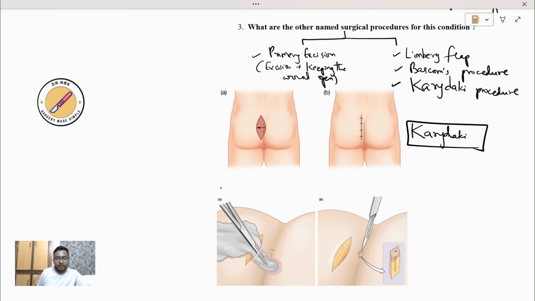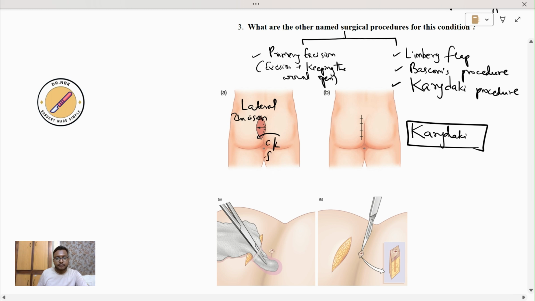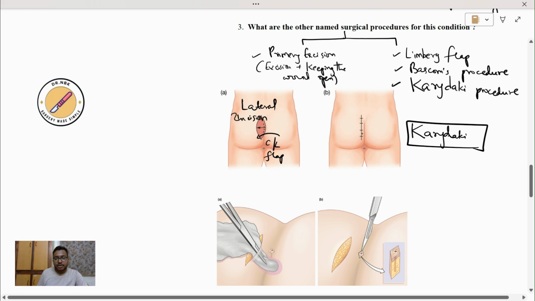We make a lateral incision here, remove the entire disease, and move a contralateral flap. As you can see, this is a contralateral flap, and you close it just lateral to the midline. Closure is paramedian. Right, this is about Karydakis.